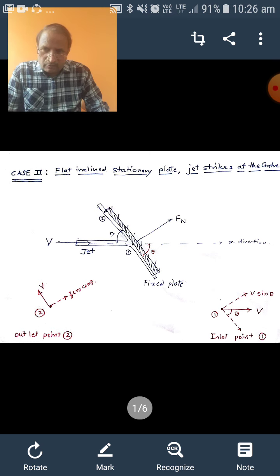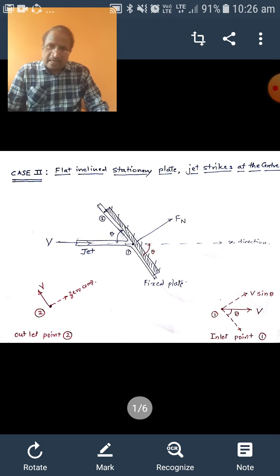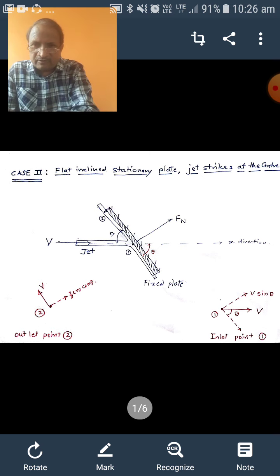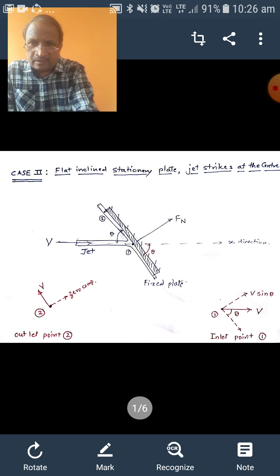The velocity of the jet when it leaves the plate at point number 2 is in the inclined direction. Therefore its component in the normal direction, that is in the direction of Fn, should be equal to 0. Therefore, while considering the initial velocity and final velocity in the equation of resultant force, we have to take into consideration these two velocity components.